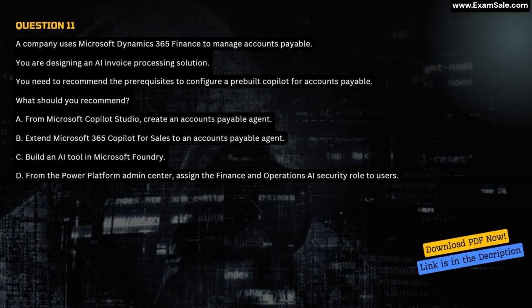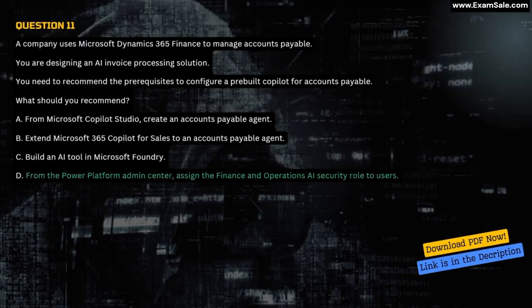A. From Microsoft Copilot Studio, create an accounts payable agent. B. Extend Microsoft 365 Copilot for Sales to an accounts payable agent. C. Build an AI tool in Microsoft Foundry. D. From the Power Platform Admin Center, assign the Finance and Operations AI security role to users.